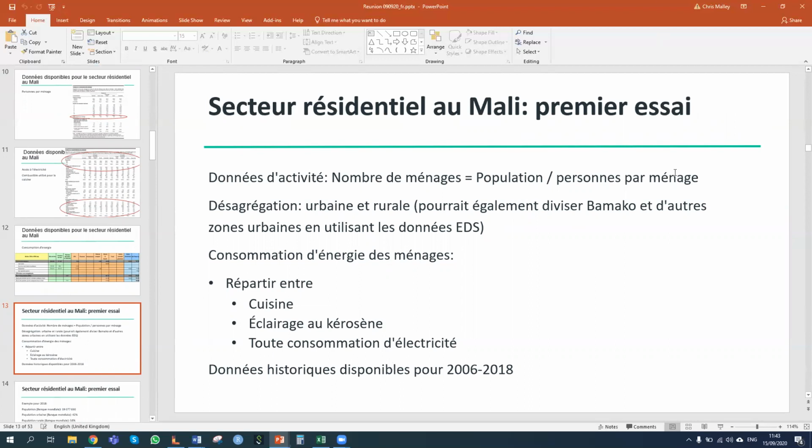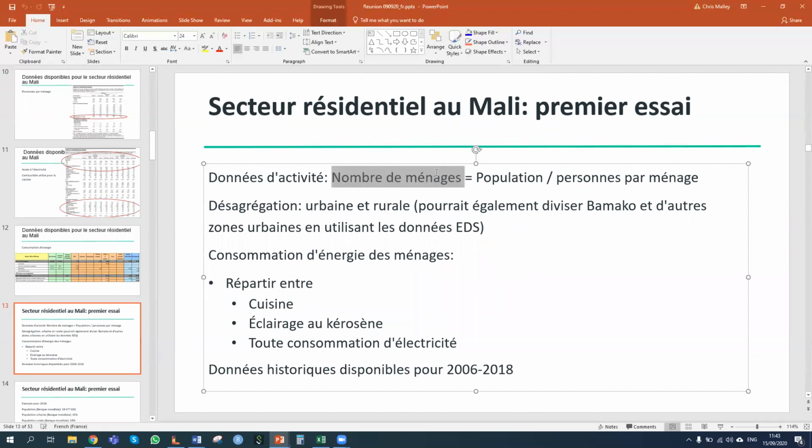So we've calculated the number of households in the country based on the total population, which we've taken from the World Bank, divided by the average number of people per household. We can disaggregate between urban and rural, and because of the information in the demographic and health survey, we should also be able to divide Bamako from other urban areas if that would be useful.